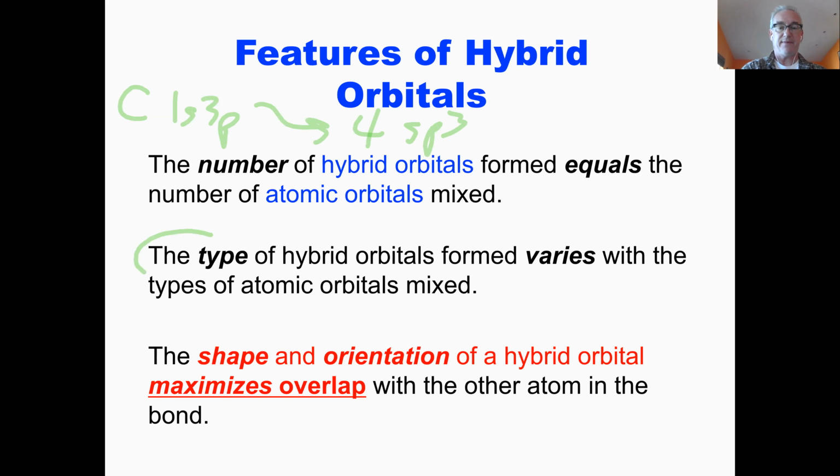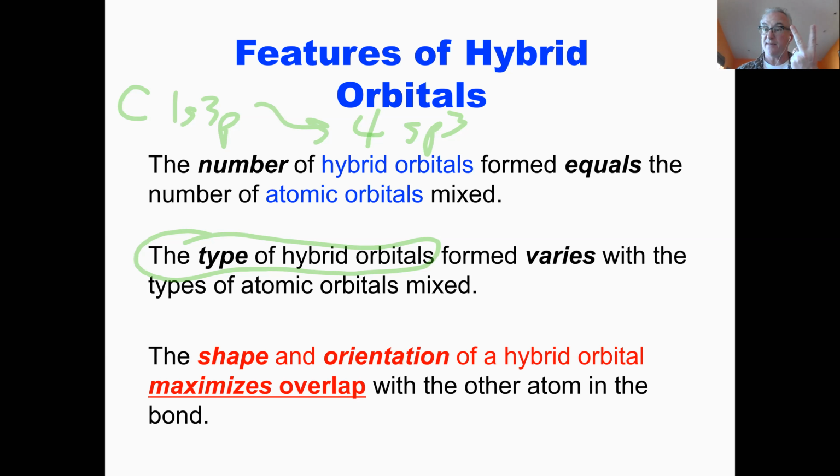The type of hybrid orbitals that you form varies with which s, which p, which d orbitals you use to mix them. So the shapes, the types, and the orientations of them will depend on how many orbitals you're mixing together.